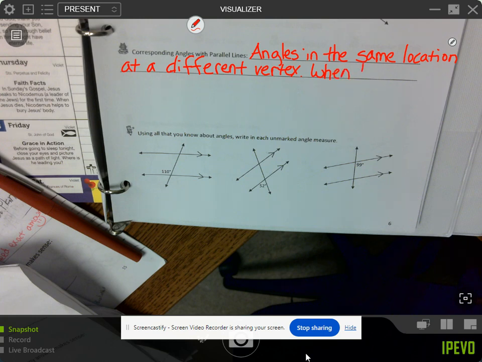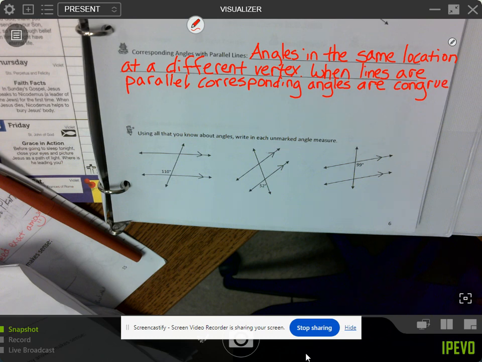When lines are parallel, corresponding angles are congruent. So what does it mean to be parallel lines?